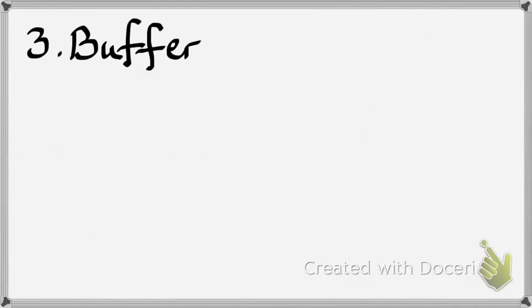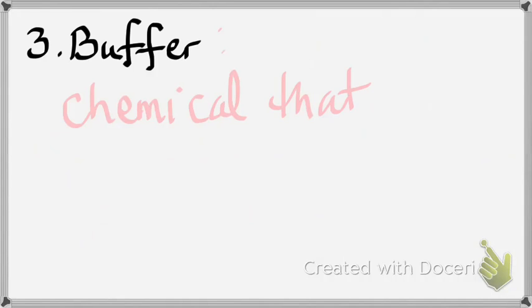Okay, what's a buffer? It's a chemical that, tell me, does it break them down? Weakens. Let's use the word neutralize. Can we go with neutralizes? Do you like that word okay? It's a chemical that neutralizes. Now, they can neutralize acid or neutralize a base.